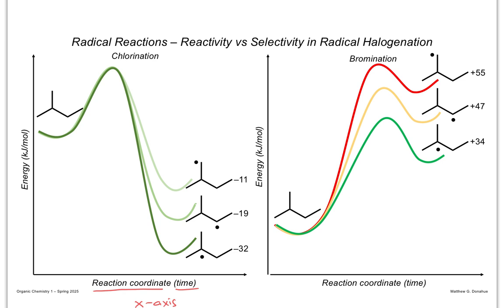Notice that to form the carbon radical for chlorine, they're all sort of downhill. They're all releasing energy because we calculated those values: negative 11 for the primary, negative 19 for the secondary, and negative 32 for a tertiary. So no matter what type it is, they're all releasing energy.